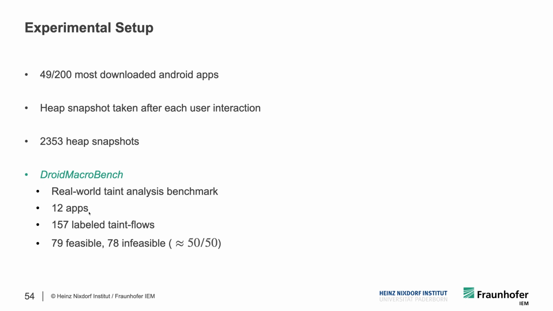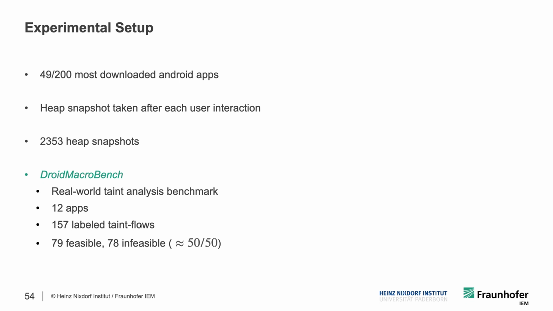So these are 12 real-world apps that have 157 labeled taint flows, as I should say, as a baseline, right? So we don't know if there aren't any more interesting taint flows in these apps, but these are the ones that we found. And these are also taint flows that we know a tool such as Flowdroid should actually be able to find, just by the way it was configured, right?